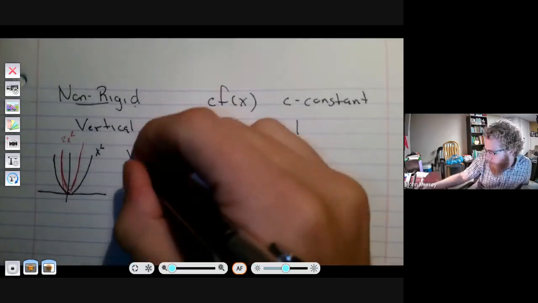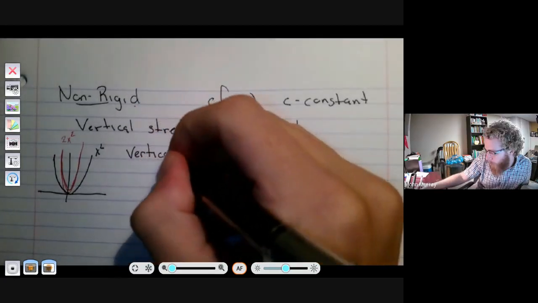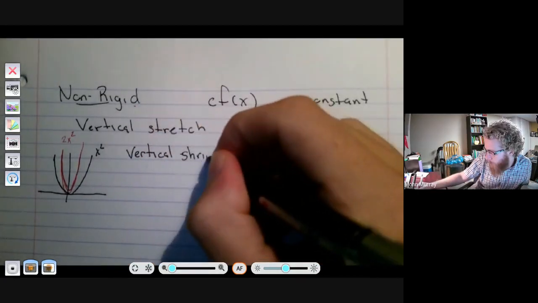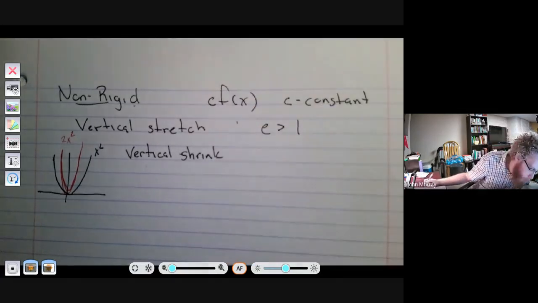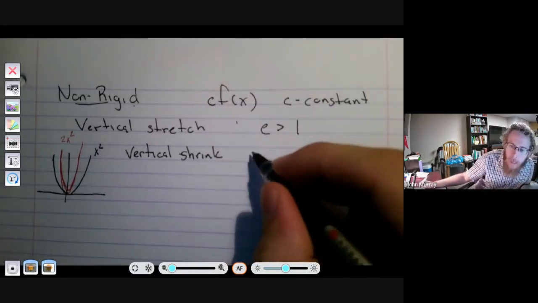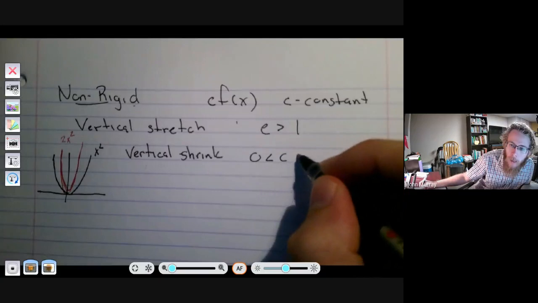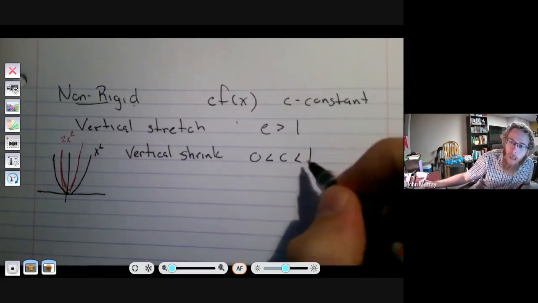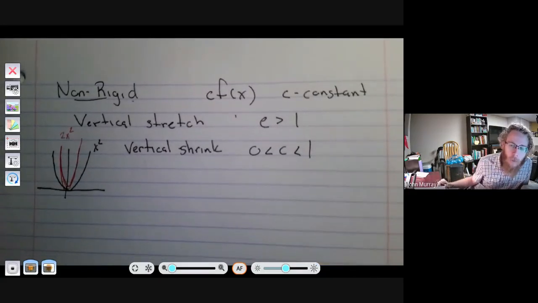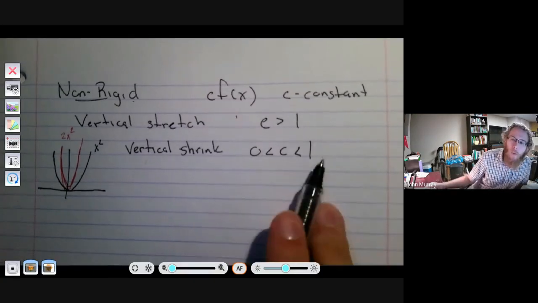Then our second type is a vertical shrink. Okay, and this is when our constant is a fraction or a decimal less than 1. Okay, so C is going to be in between 0 and 1.